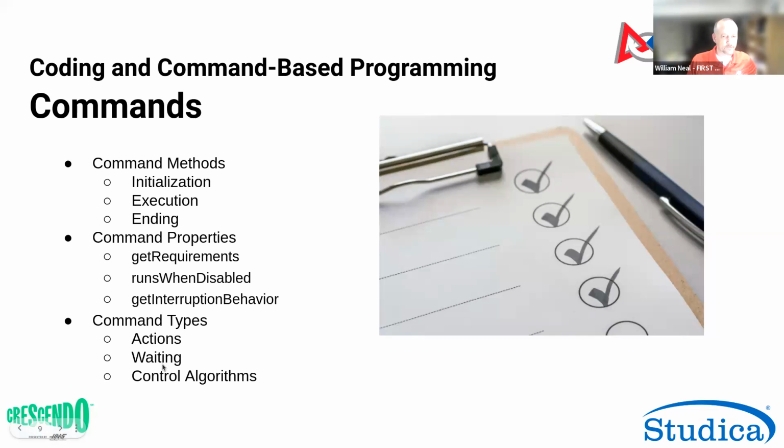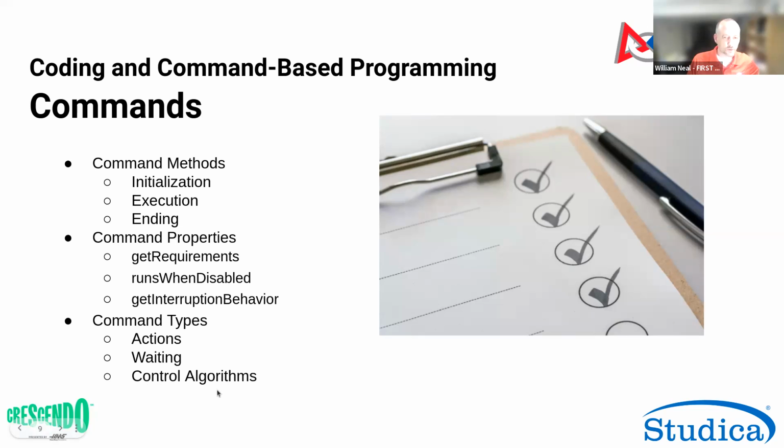And it's waiting for some condition to happen. And then finally, there are more sophisticated collections of commands that are control algorithms. For example, the WPILib comes with PID control, which gives you smooth operation of robot arms or robot motion.